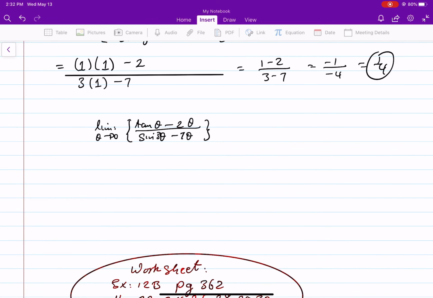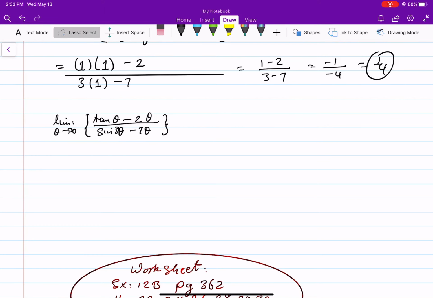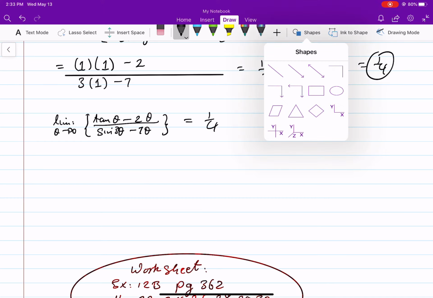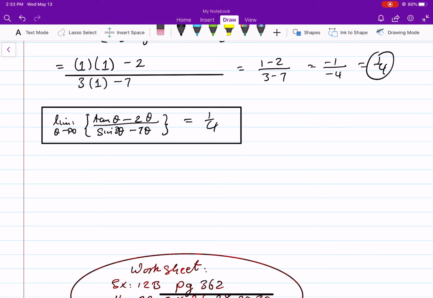So to summarize that, yes, that result is 1/4. Again, y'all please double check my arithmetic. But I think I'm okay. And there, that's that limit.